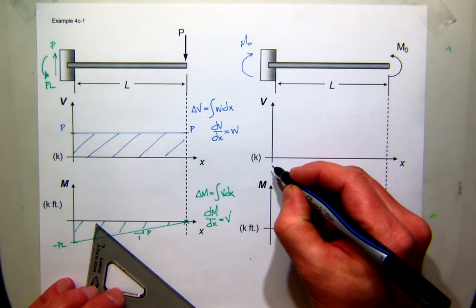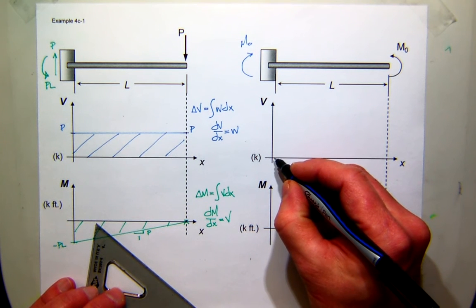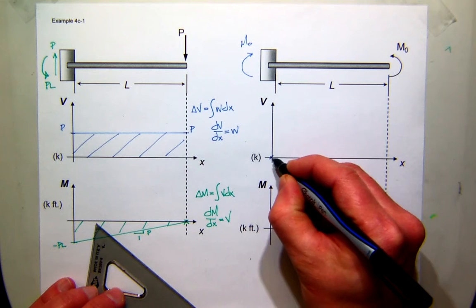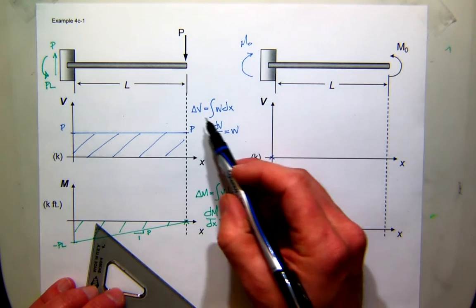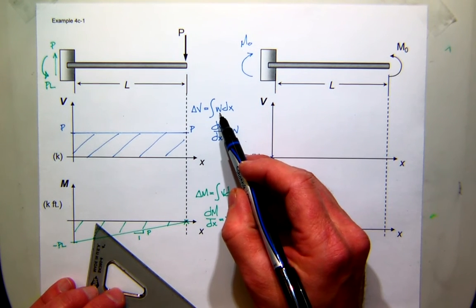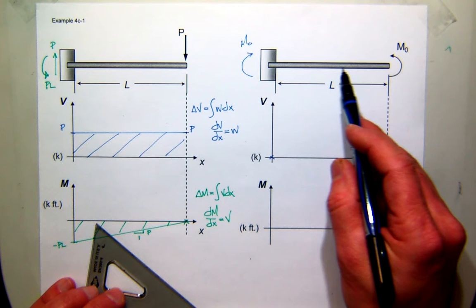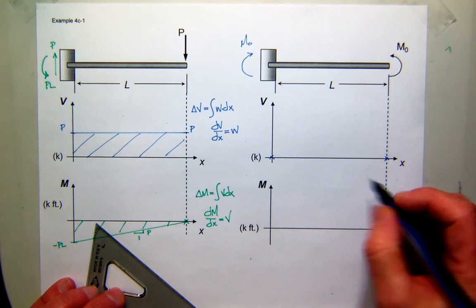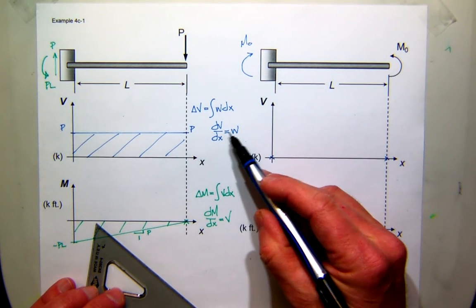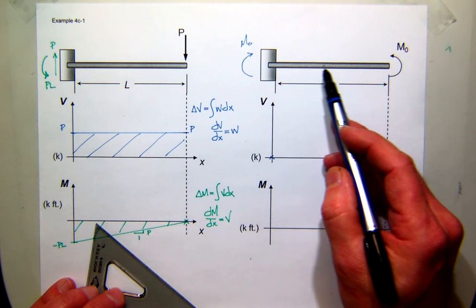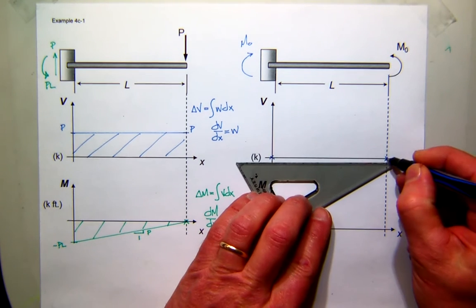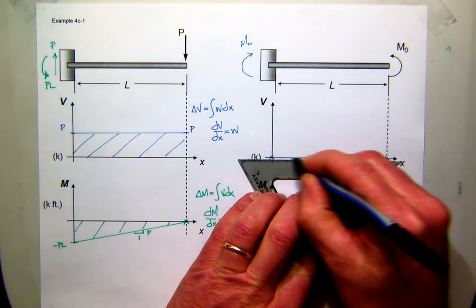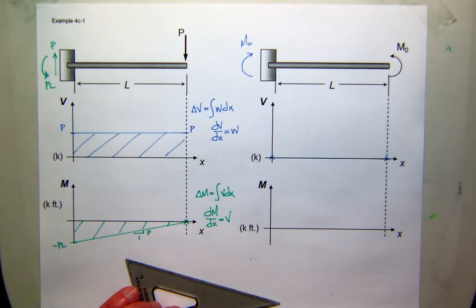What's the shear at A, at the beginning point? 0. The change in shear is equal to the load. What's the load over the length? 0. So I stay 0. The slope of the diagram is equal to the load. What's the load? 0. So I have no shear in this beam. That's a pretty easy diagram to draw.